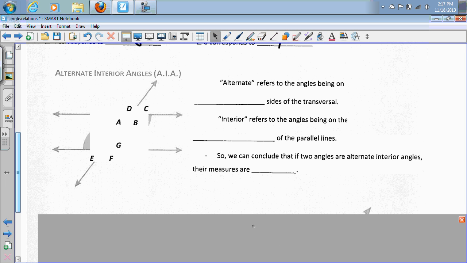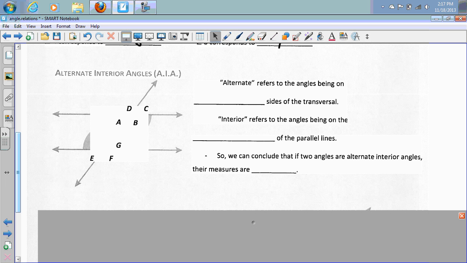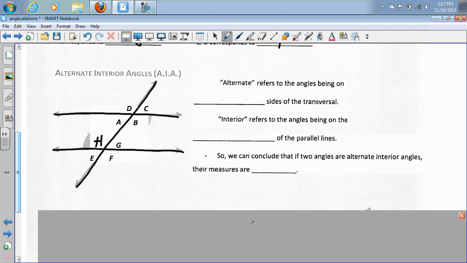Alternate interior angles. Okay, again, 2 parallel lines cut by a transversal with A, B, C, D, E, F, G, and this is H. Alternate refers to the angles being on opposite sides of the transversal.